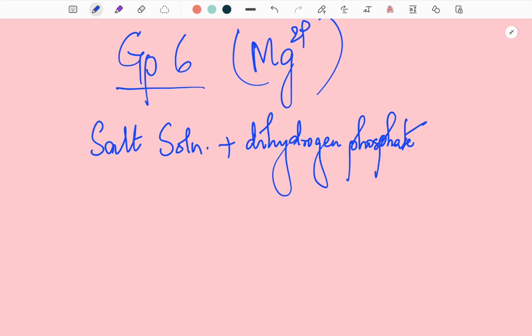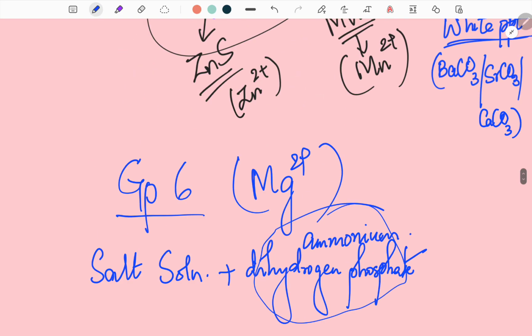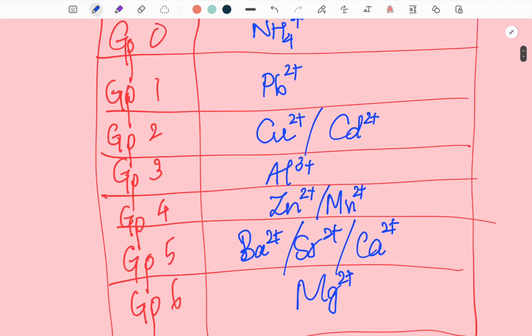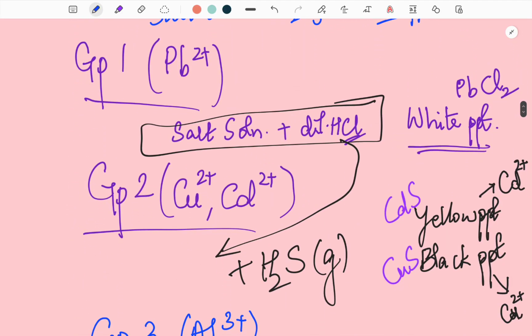You can also add NH4Cl and NH4OH as well to do this, but normally we just add ammonium dihydrogen phosphate. Sorry, I forgot to say ammonium earlier. If you're getting a white precipitate, that means magnesium is identified. So these are the identification tests, and I hope you have understood all of them.